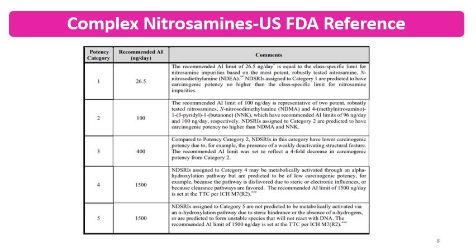So for category 1 it is 26.5 nanogram per day, for category 2 it is 100 nanogram per day, for category 3 it is 400 nanogram per day, and for the NDSRI impurities specifically with higher intake, that is category 4 and 5, these types of NDSRI impurities get the highest AI, that is acceptable intake per day, which is 1500 nanogram per day.